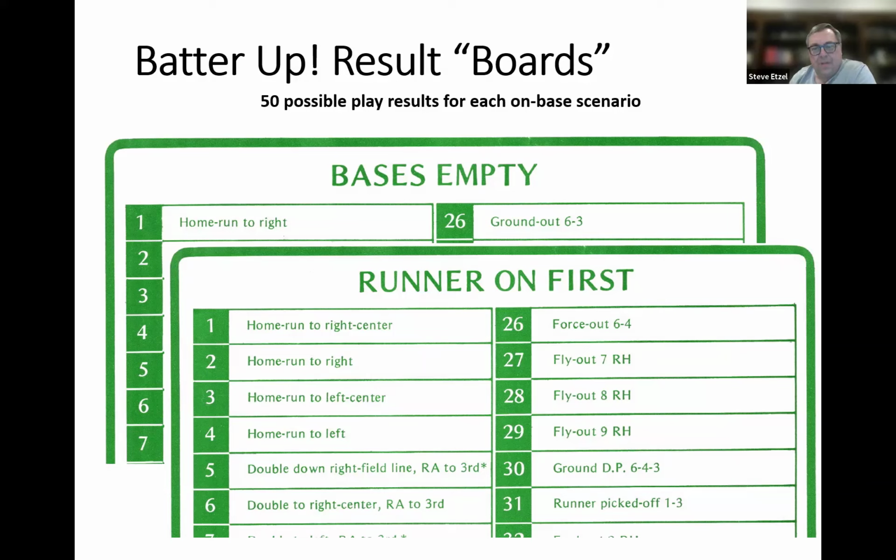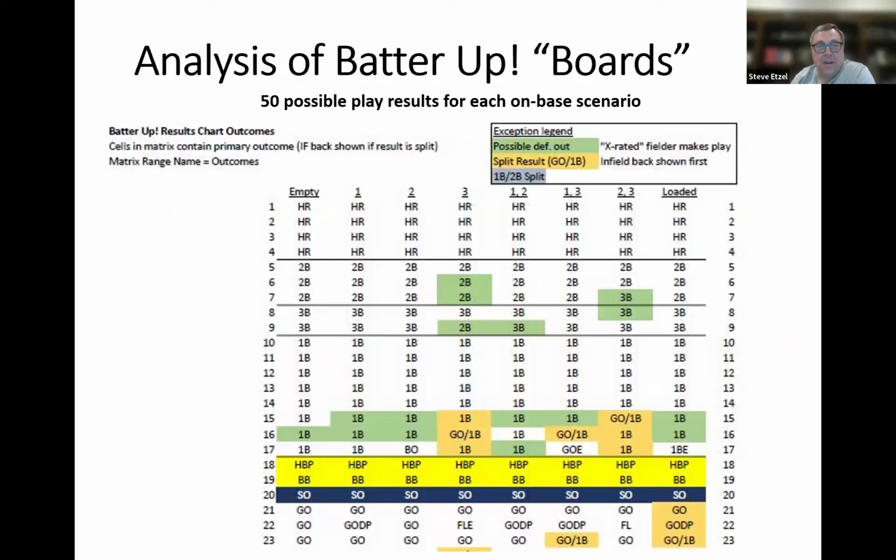And so the next step here, once I understood the basic model, was I went and I read all 400 line items on the charts and summarized them in a spreadsheet to get a feel for how these result boards were laid out.